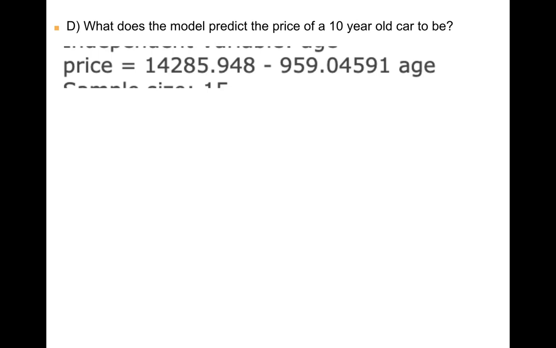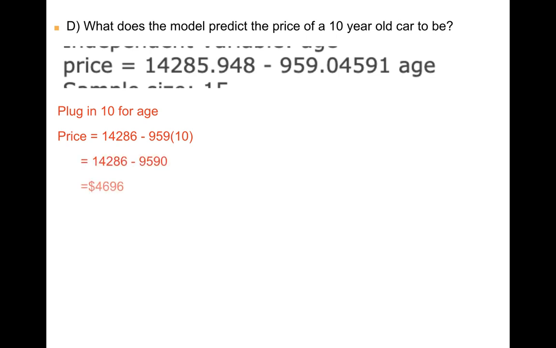Okay. What does the model predict the price of a 10-year-old car to be? Okay. Well, if I want to know what my predicted value is for a 10-year-old car, all I do is I plug in 10 for age.